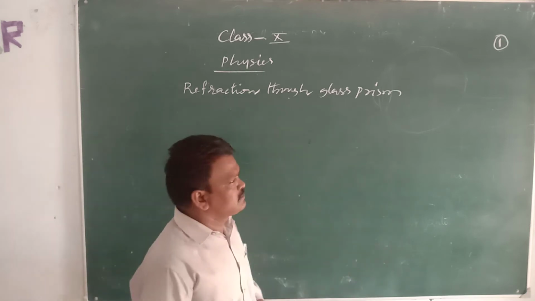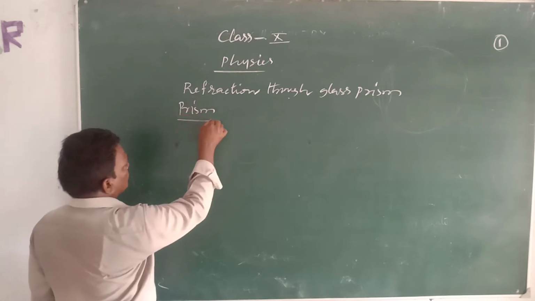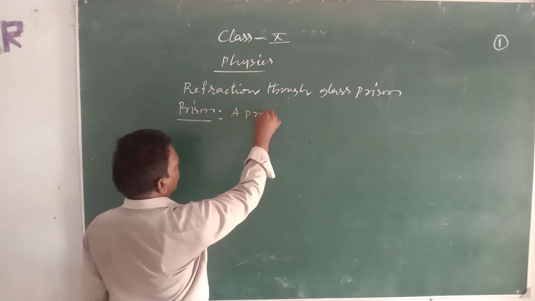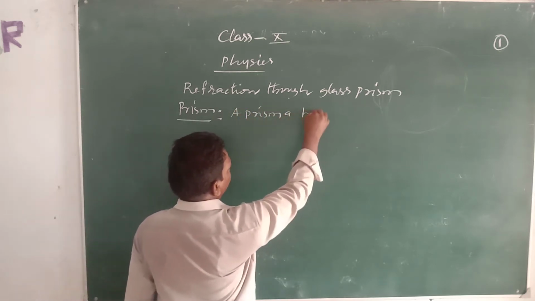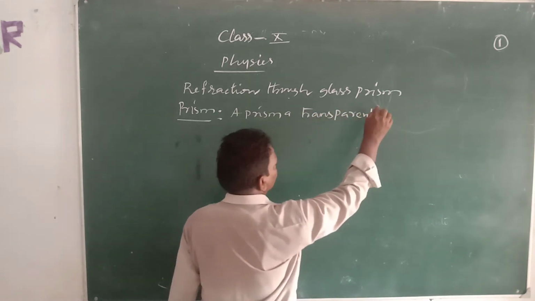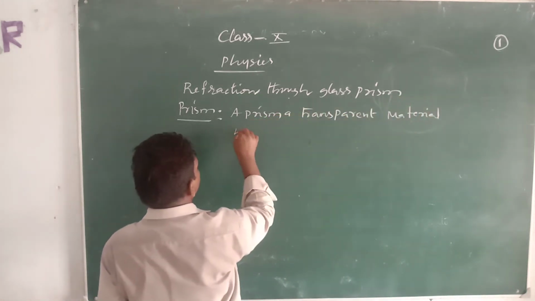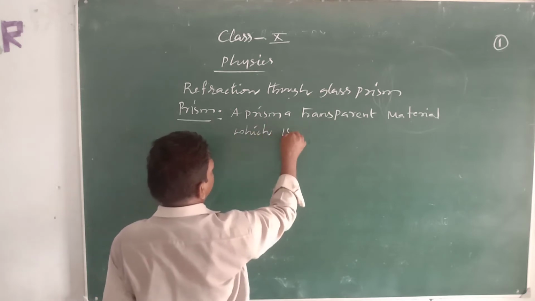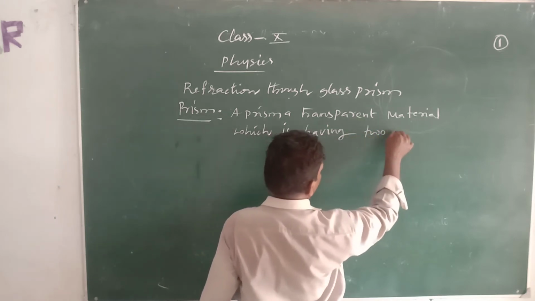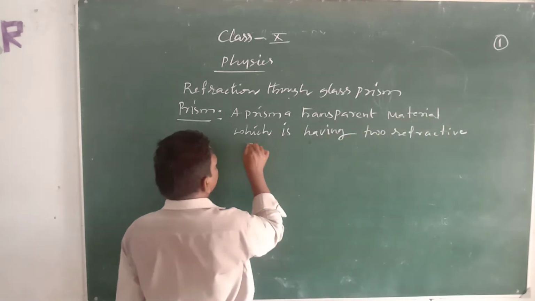Actually, what is a prism? We will discuss. A prism is a transparent material which has two refractive surfaces.